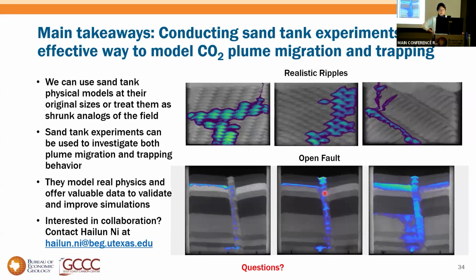And in fact, another group recently published sand tank experiments called the Fluid Flower, and they also use the sand tank as a shrunk analog model of the field. They have anticlines and a heterogeneous fault within their sand tank, and their heterogeneous fault has some vertical heterogeneity within it. So I think for our next steps to model more accurate fault heterogeneity, that's definitely a direction that we can go toward.